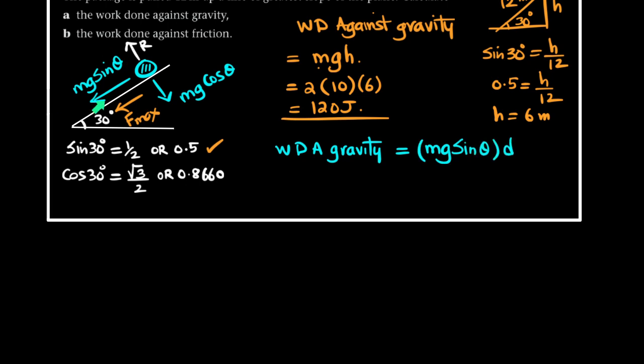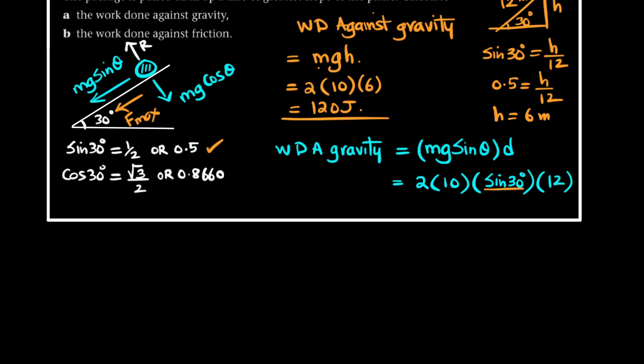Now this is mg sine theta, the weight component along the plane, and it's moving a distance of 12 meters along the plane. So therefore I'll write m, which is 2, g, which is 10, sine of 30 degrees, which is half, and distance along the plane is 12.